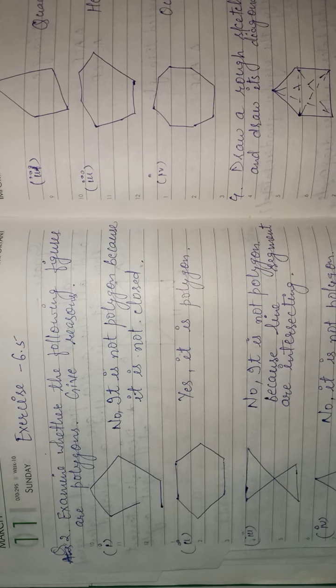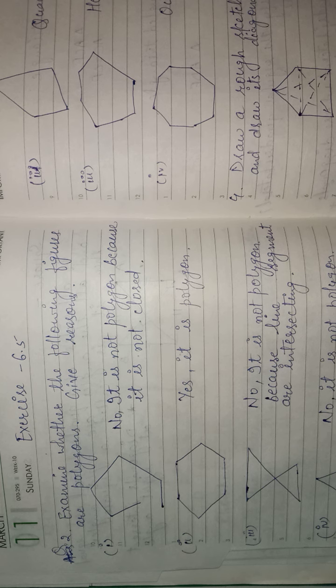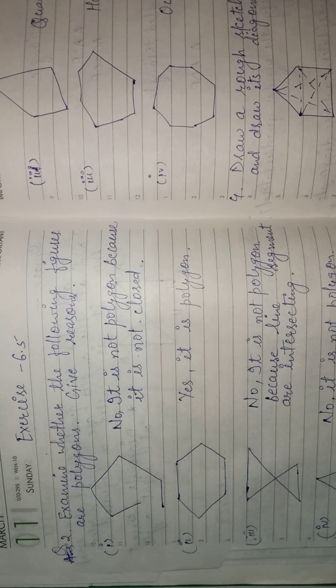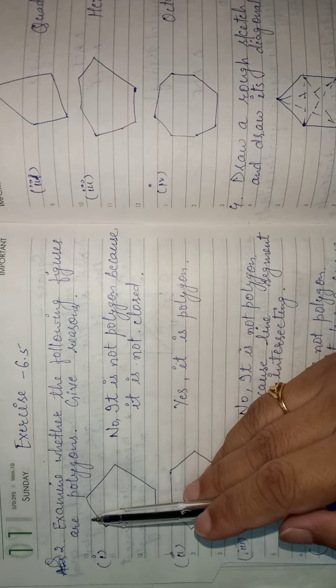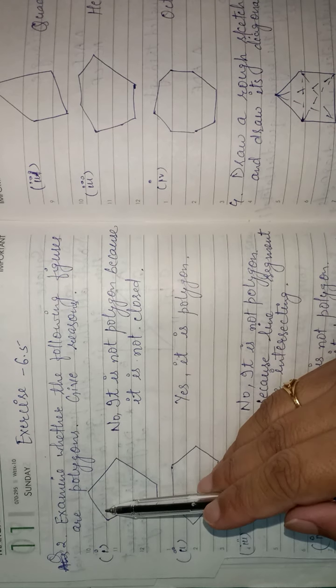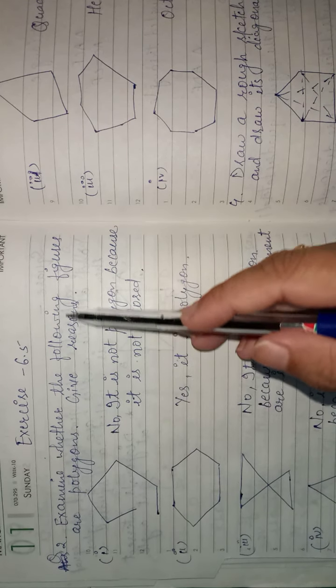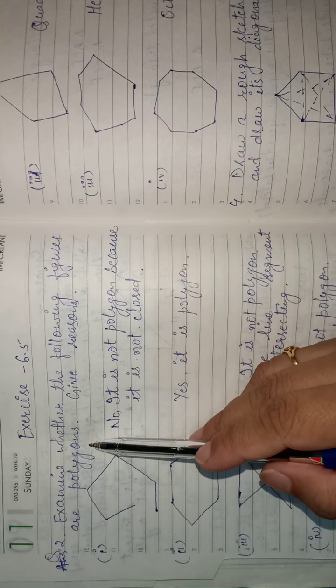Exercise 6.5. Students, we have studied what a polygon is. A polygon is a closed figure, or a closed curve which is made up of line segments. So in our second question, examine whether the following figures are polygons.